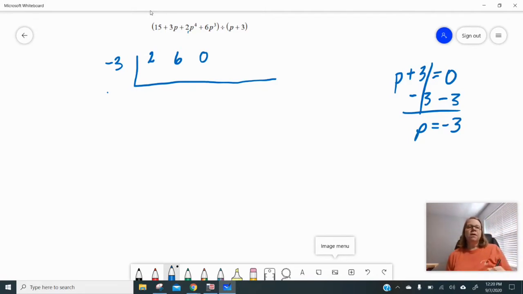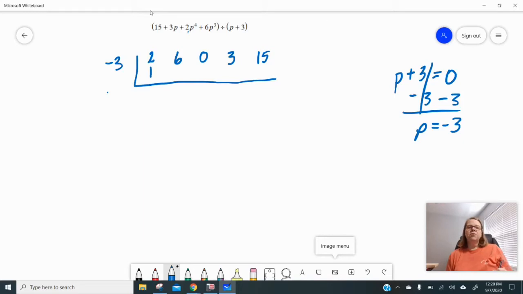All right, and then 4, 3, 2, now 1. There's 1p right here, so p to the first, so I need that 3. And then no variable at all, so 15. Okay, so those are my numbers. Double checking my exponents: 4, 3, which is the 2 and the 6, then squared, there's a 0, and to the first, the 3 goes there, and then no variable.